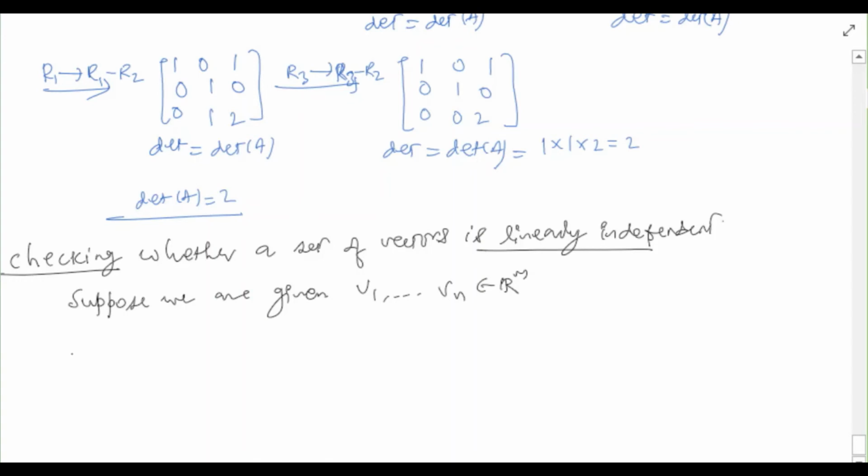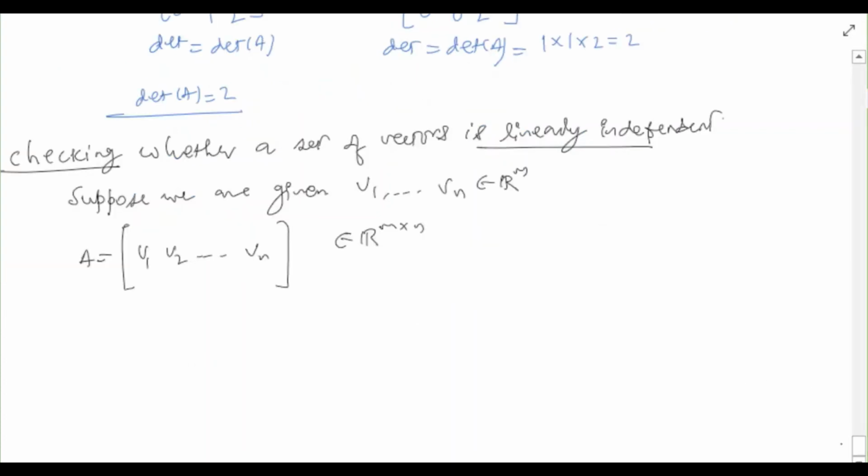What we do is we write a matrix A with v1 to vn as columns of A: v1, v2, dot dot dot, vn. So this A is an m cross n matrix. Now we reduce A to reduced row echelon form.